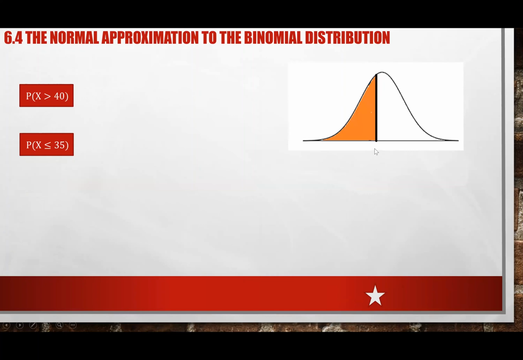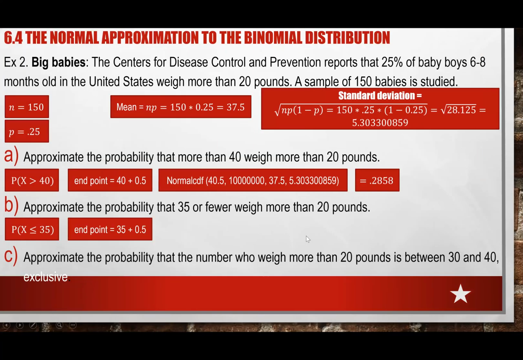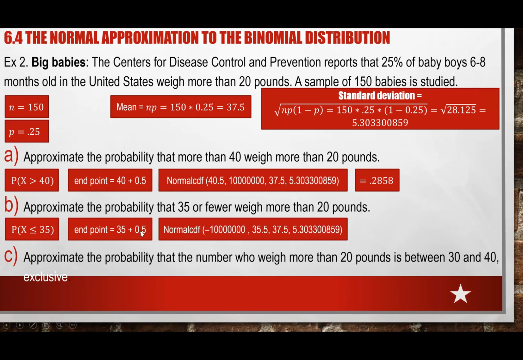And because we include the 35, we have to go to the right. And if we go to the right, reminder, we need to add 0.5, or if you want to, you can go back to our item earlier to see that if we have this criteria, we need to add 0.5, which is now my new item, a smaller number because I shaded to the left of 35, and then again, the mean and the standard deviation.